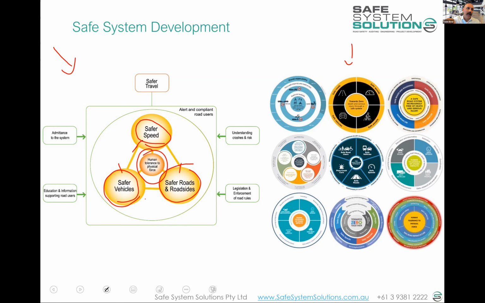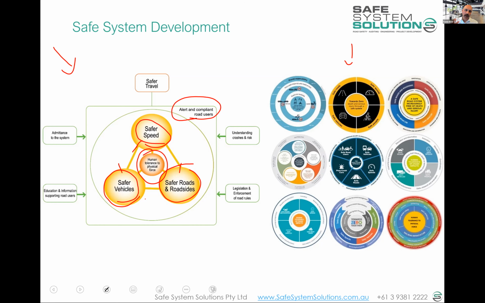And anyway, in the end, what they did was they put this square around the circle and added this alert and compliant road users. Now, I feel this was a fail. We've failed by putting that square around it. And the reason it was a failure was because, back to that core principle of the safe system, it is acknowledging that humans will make mistakes.